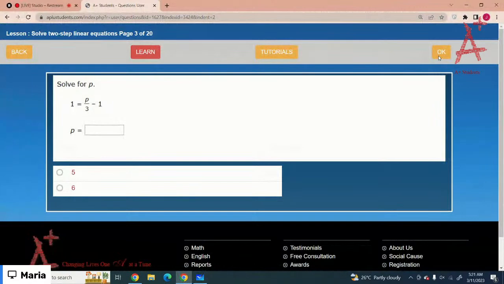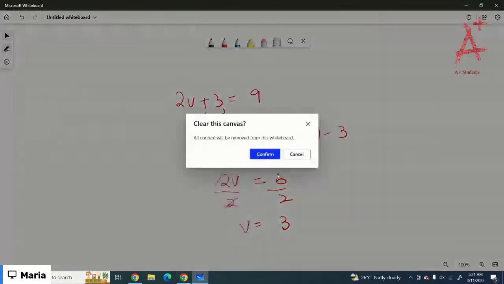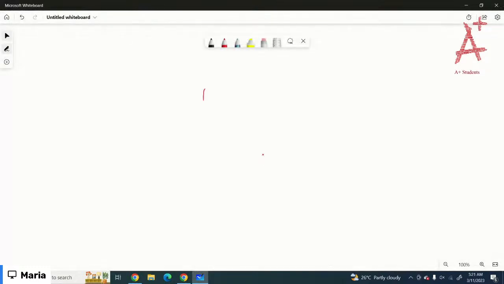Okay, the next one is 1 equals p over 3 minus 1. First of all, you have to remove that negative 1 from here. So just add 1 to both sides, because the opposite of subtraction is addition. Got it? 1 plus 1 is 2, and here you have 2 equals p over 3.